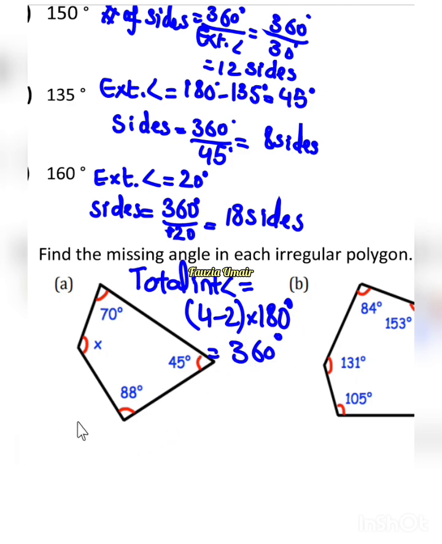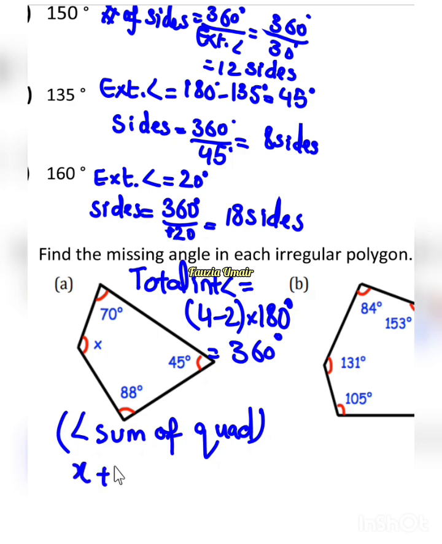Now I need to use the angle sum property of a quadrilateral or a polygon, where we add all the interior angles. So I will say that these four angles, x plus 70 plus 88 plus 45 degrees, if we add the four angles of this quadrilateral, the total interior angle should be 360 degrees.